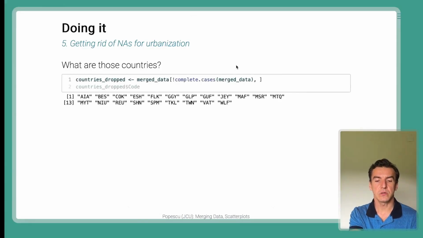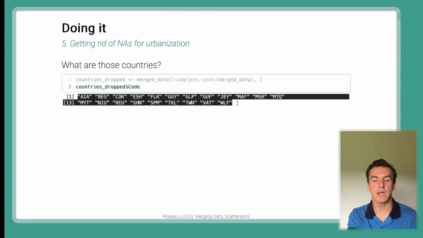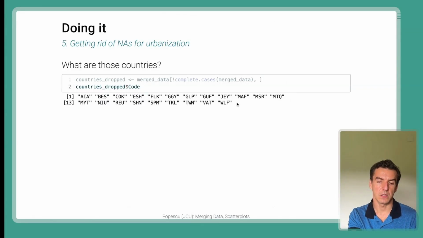In order to understand that, we simply do this command: merged data, not complete cases, merged data. It will allow us to see the countries that get dropped. These are the countries that have missing values for the urbanization variable.